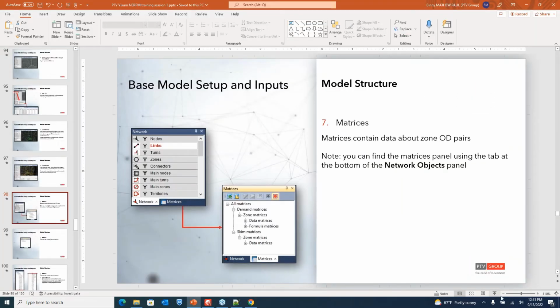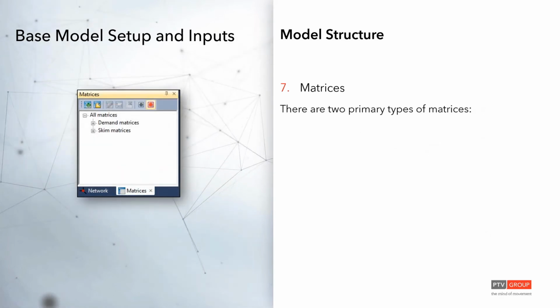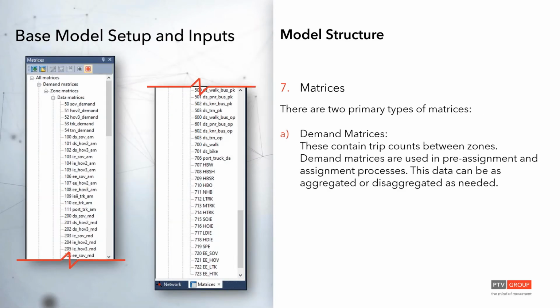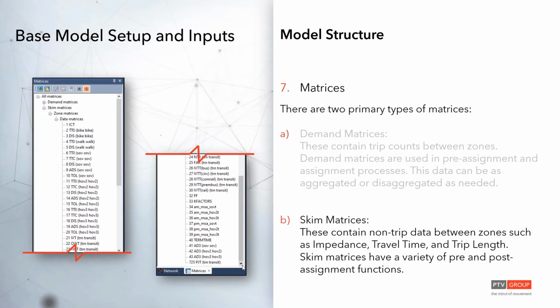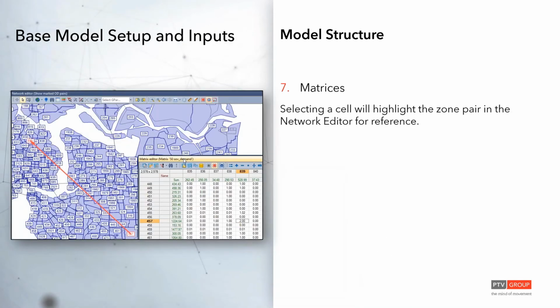Okay, so that was all about matrices, and we covered this. There are two types of matrices. We looked at demand and skim matrices, and then this is how you open a matrix.